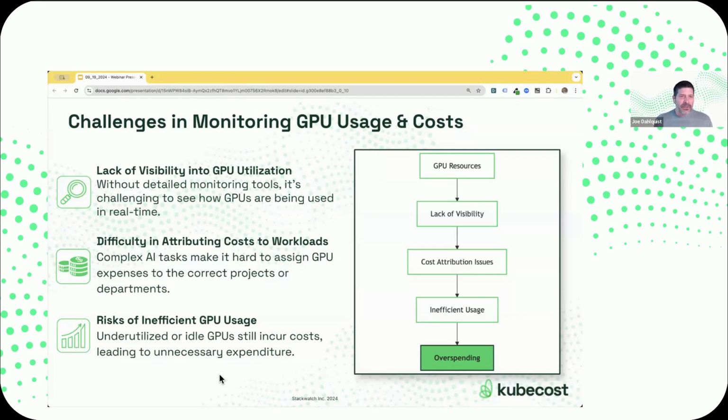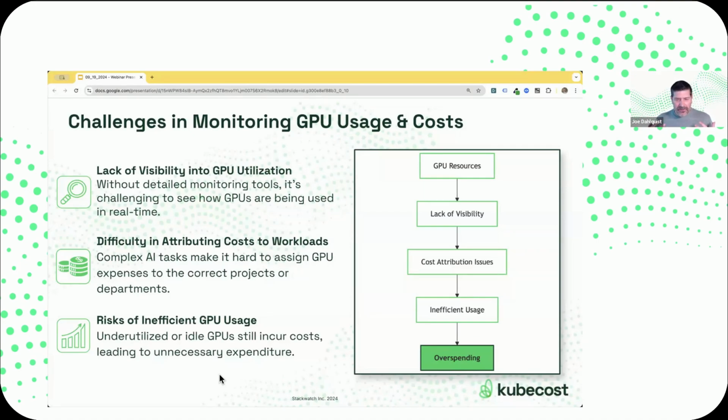And if you can't track those things, you can't accurately assign costs of GPU to projects, products, experiments, departments and teams. This leads to things like budgeting issues. It makes it really hard to identify which workloads are driving up costs, which ones are being utilized effectively and efficiently.